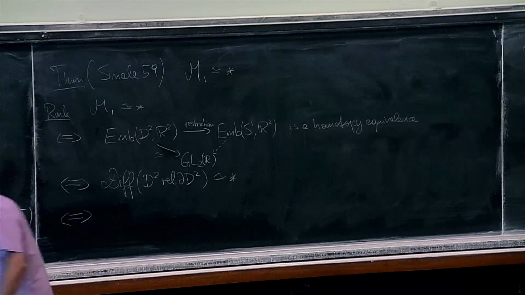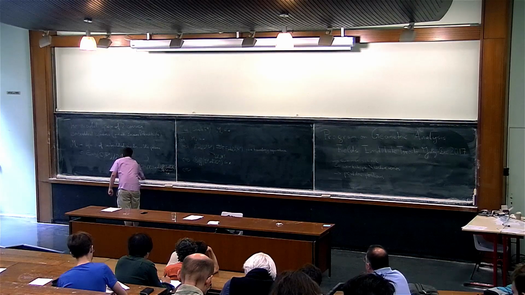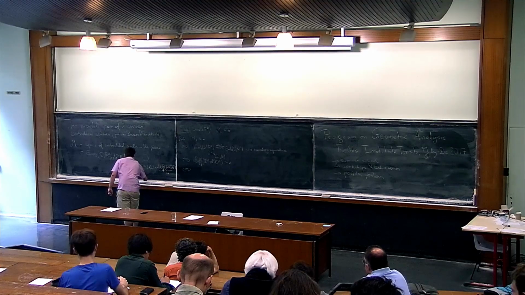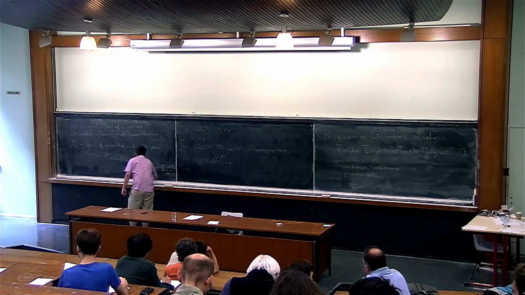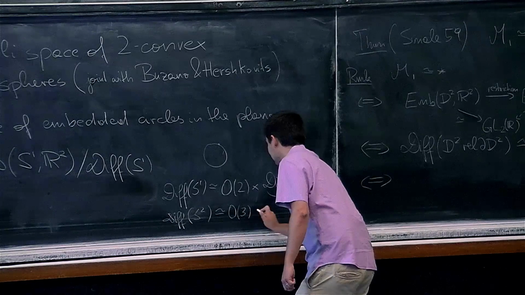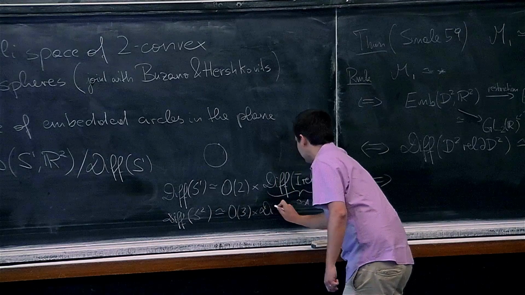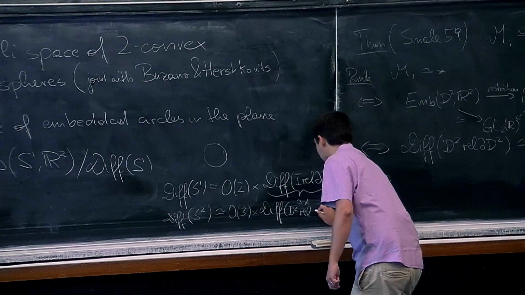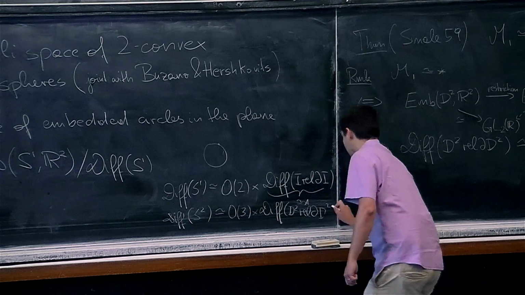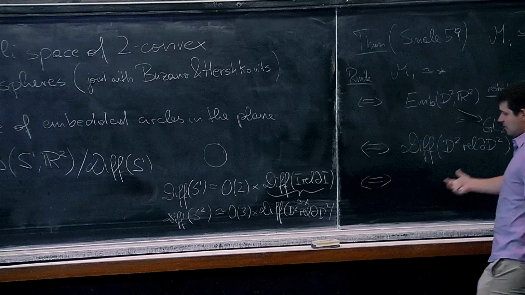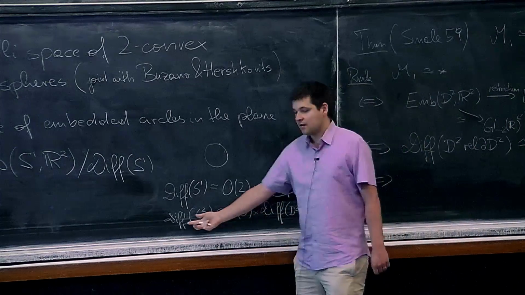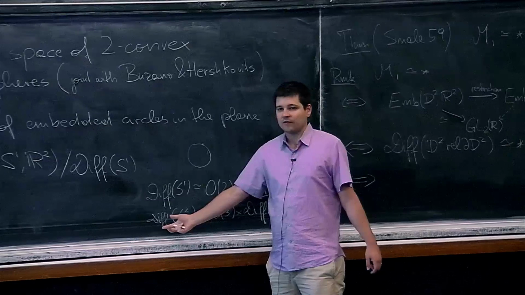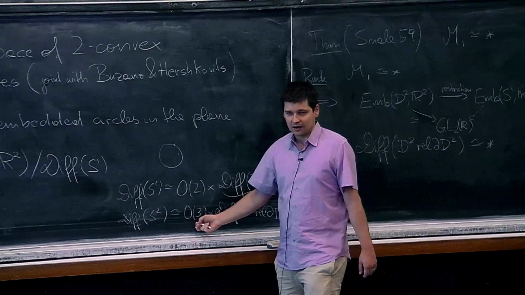So similarly, diffeomorphisms of S2 decompose as O3 times diffeomorphisms of the two disk relative to its boundary. Okay, meaning if that is trivial, that means that the space of all diffeomorphisms of the two-sphere deformation retracts to O3.